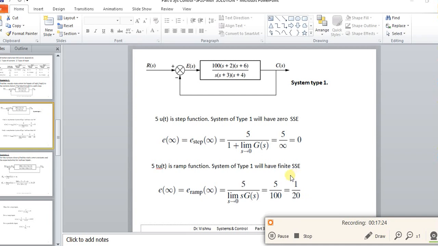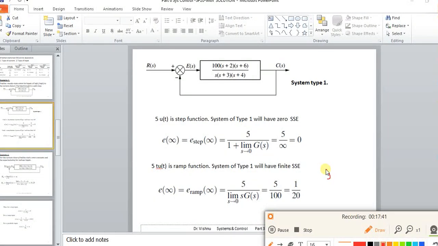Now what is the meaning of this 1 over 20? This 1 over 20 says that if you give 5 as input to the system, the output you would get is 5 if there is no error. Now you have 1 over 20 as the error. So 5 minus 1 over 20 will be the steady state output for this system.